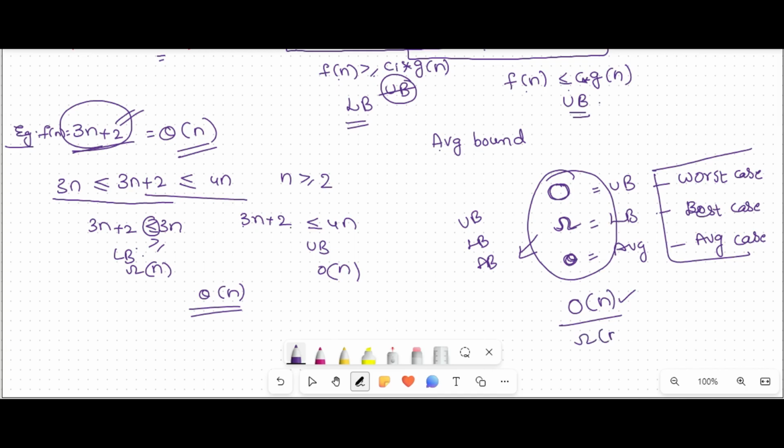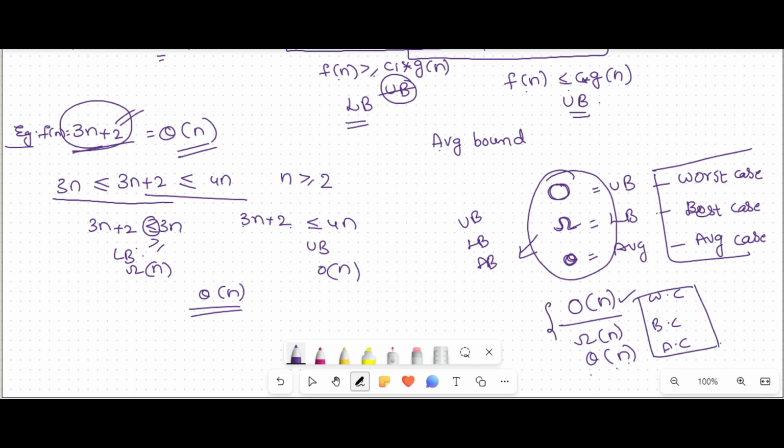If you say omega of n, the lower bound is omega of n. If you write theta of n, the average bound is theta of n. It doesn't mean that this is the worst case, this is the best case, and this is the average case. Don't confuse.